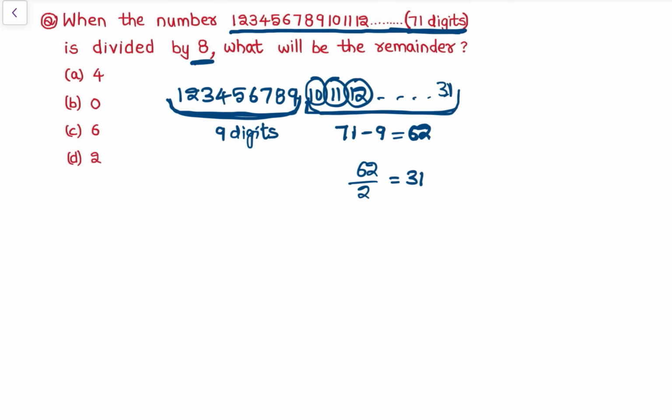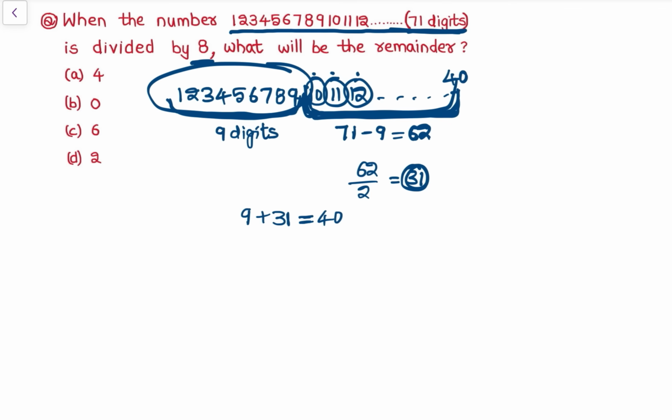So there are 31 numbers. 62 digits means 31 numbers will come, 10, 11, 12, and so on. So what will the 31st number be? See, 9 numbers are already done, so 9 plus 31, you will get 40. So 40 will be the last 2-digit number.